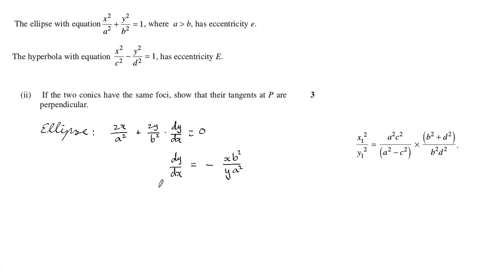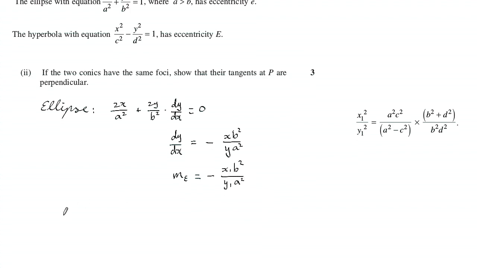And then at the point P, which is at x1, y1, we just plug x1, y1 into there to find the slope. I'm going to call this ME for ellipse, because we're going to find the slope of the tangent of the hyperbola as well, and I don't want to have them both be called M. So that's going to be negative x1 b squared over y1 a squared.